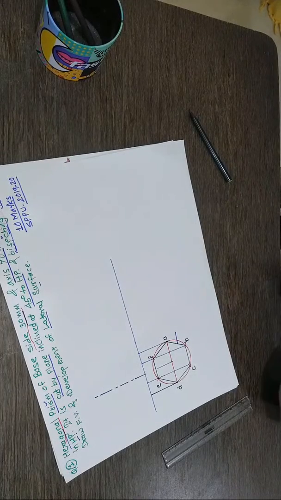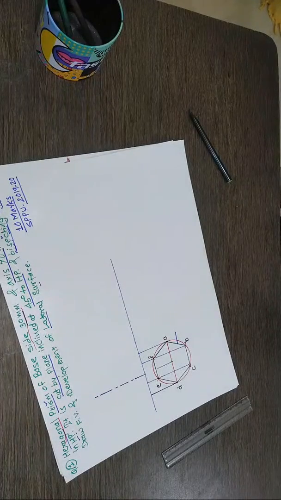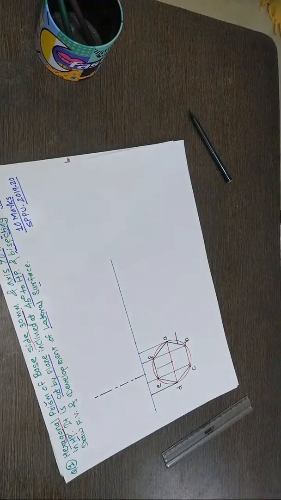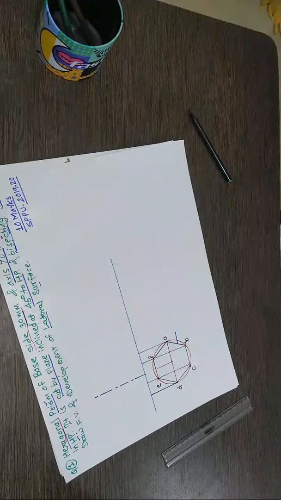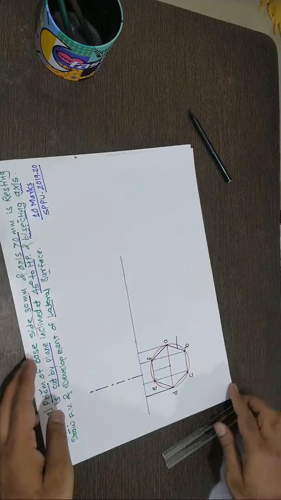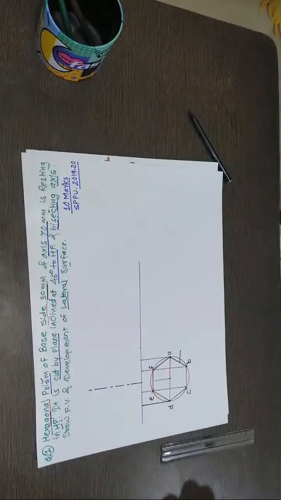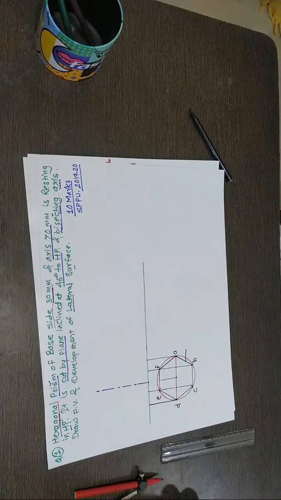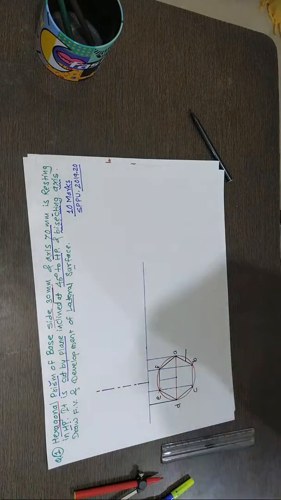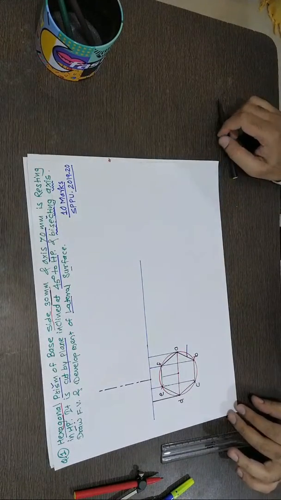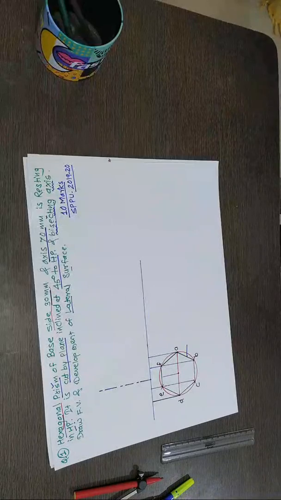Please let me know if it is not clear so that I can stop and check again. Okay, fine. So now we'll continue. I hope it is clearly visible and you are following me.